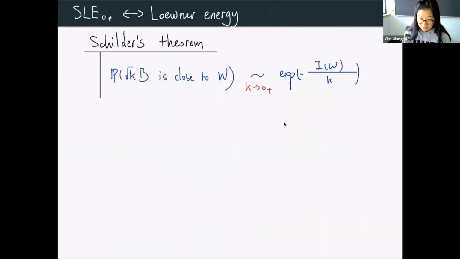But this is a definition. What's the relation to SLE? This is the Schilder theorem, which relates the Dirichlet energy to Brownian motion. It's about large deviation.